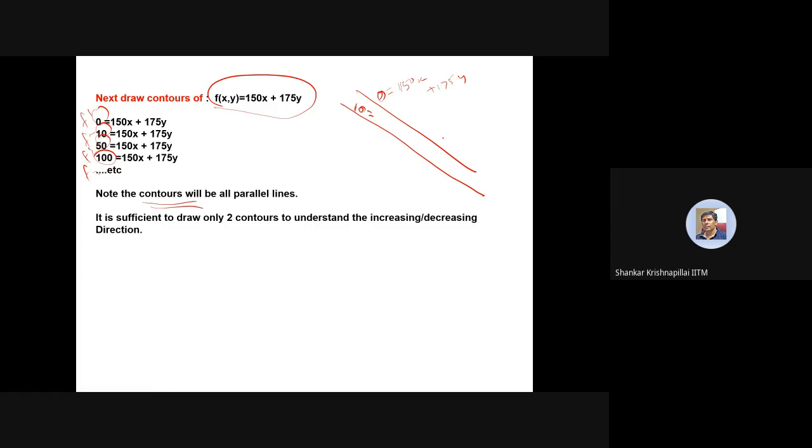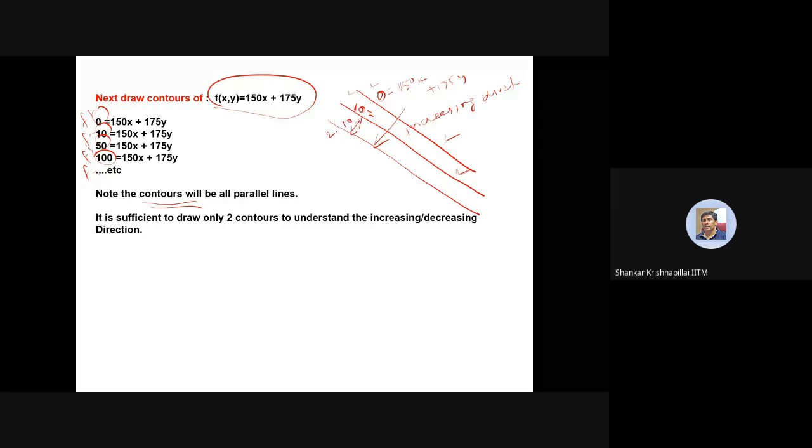We need to draw only two contours because from these values 0 and 10 we know the increasing direction of contours. So the next contour equal to 20 can be drawn with a set square with this gap. This gap of 10 will give 20.